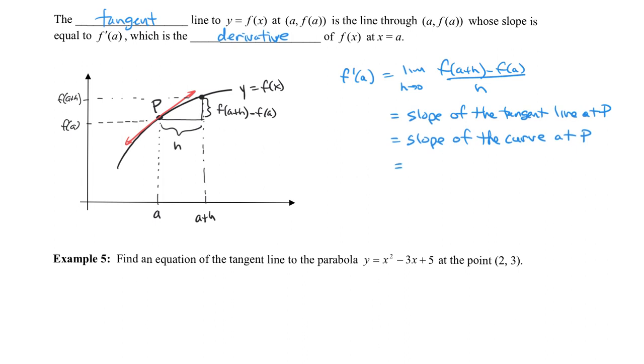And also it's equal to the derivative. Derivative means rate of change. The derivative of f of x at x equals a. All of these mean the same thing.